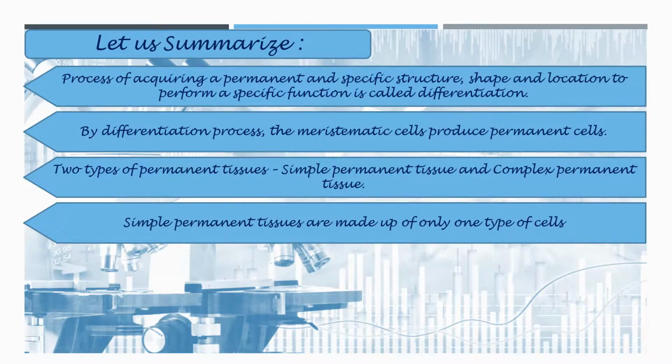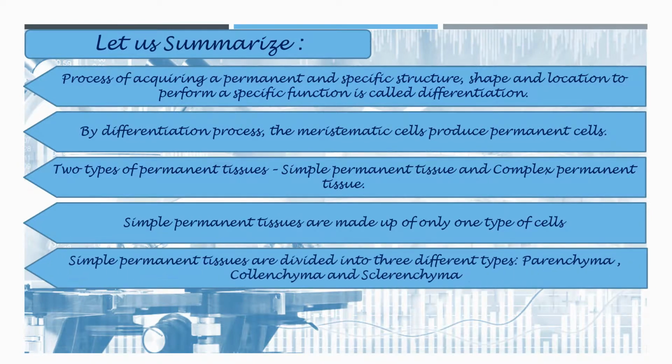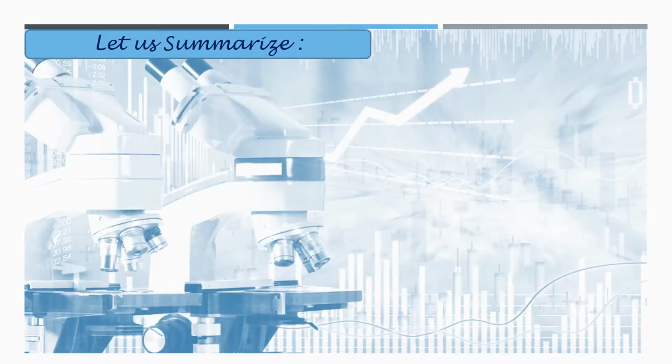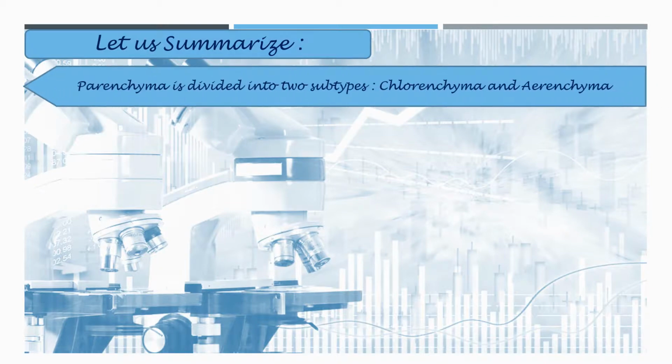Simple permanent tissues are made up of only one type of cells, and simple permanent tissues are divided into three different types, that is parenchyma, collenchyma and sclerenchyma. Parenchyma supports, stores the food and fills the vacant spaces. And parenchyma is divided into two subtypes, that is chlorenchyma and aerenchyma.